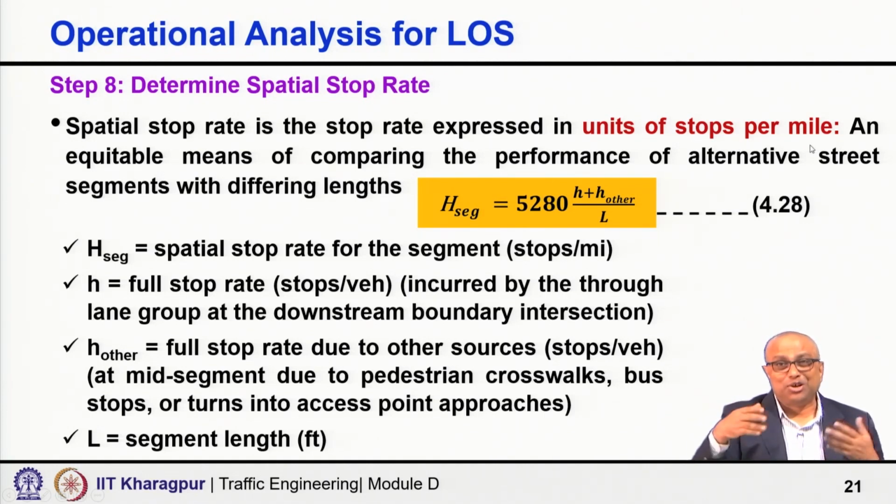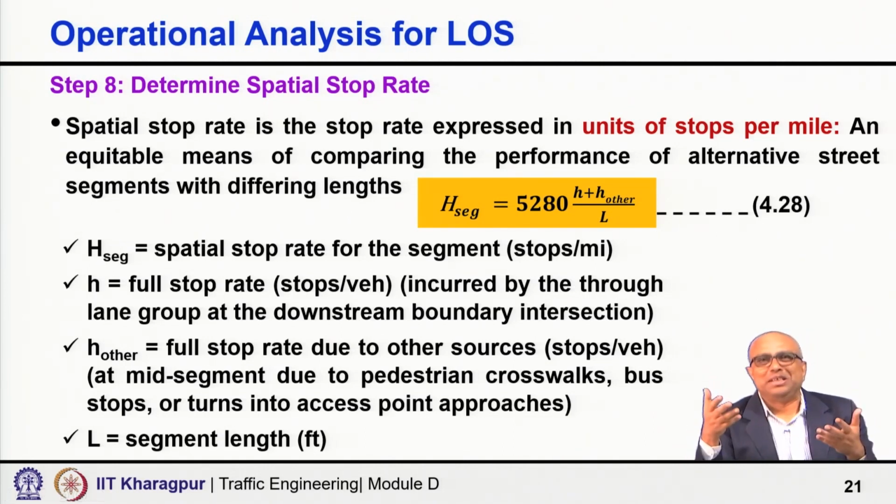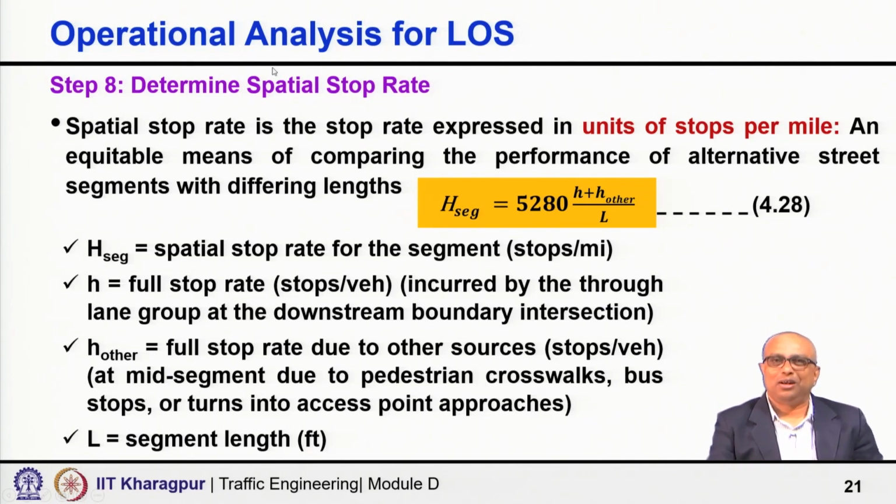Why are we taking it? This is an equitable means of comparing the performance of alternative street segments with different lengths. You may have many segments. How can you compare different segments which have different lengths? So, I am comparing based on this logical expression, units of stops per mile.